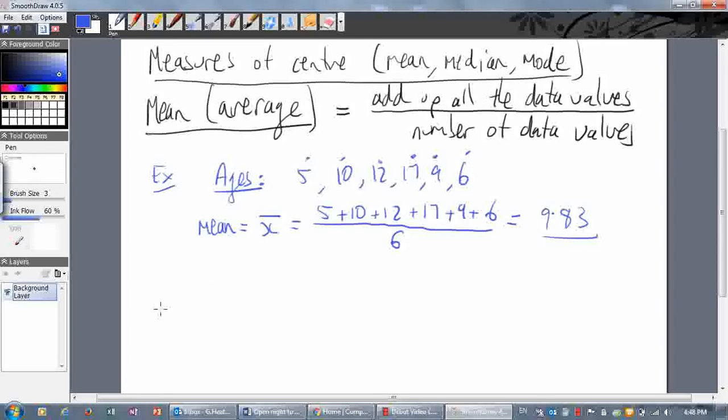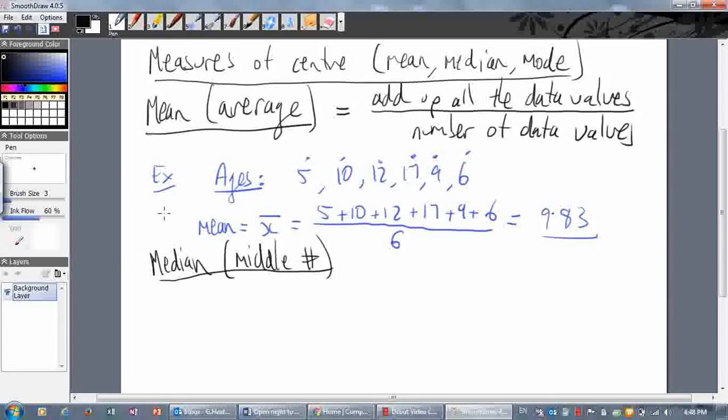Okay, now let's do the median. I wonder if I can squeeze it all on this page. I'll see how I go. Okay, the median, and the median is the middle number.